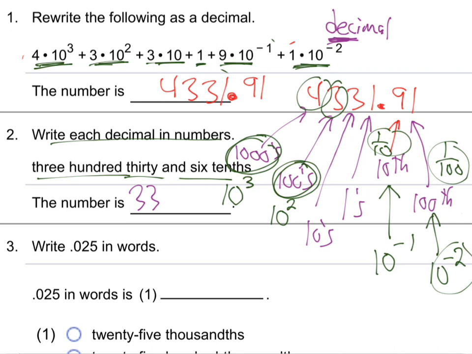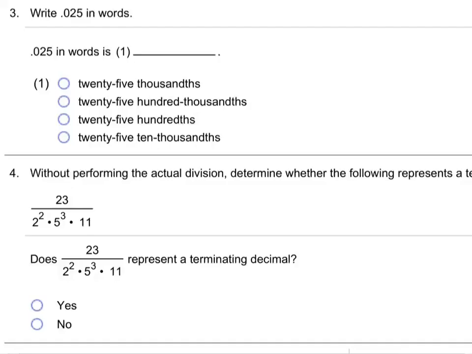Is it 330.06? Because that 6 would be in the hundredths place. Remember the first spot is the tenths, then hundredths, so it's right next to it. Exactly, good. I'm going to move on if you're good with that.